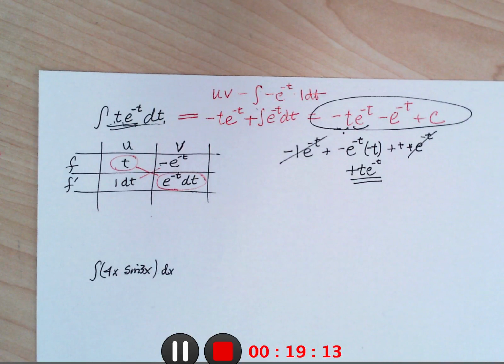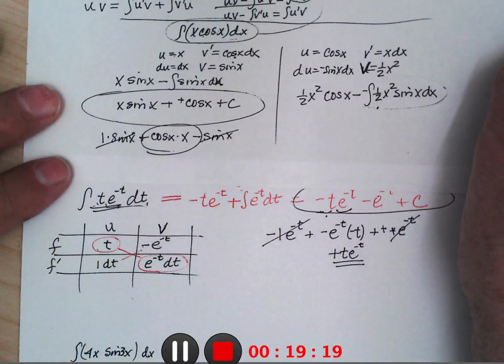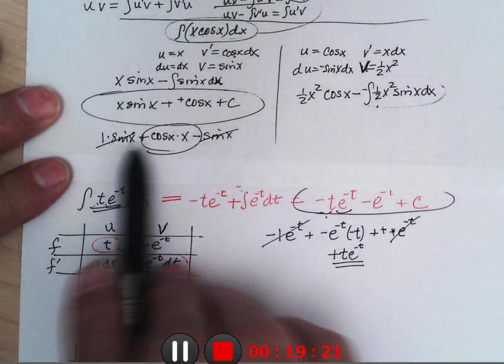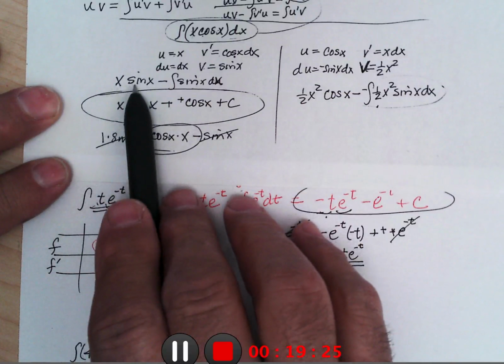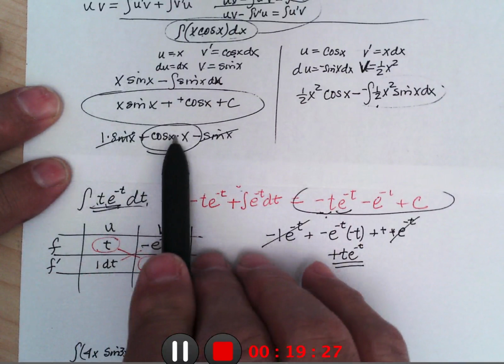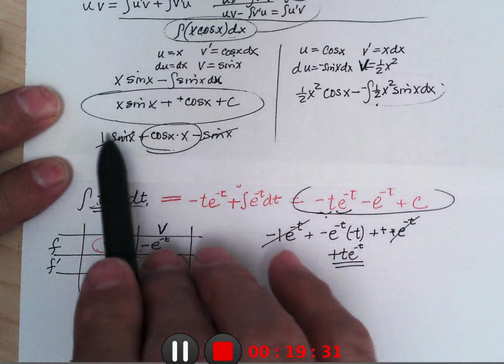Okay, now I want you to notice another thing here. We got three terms from this. There was this, which when we took the derivative, we got two terms, and then we got this integral, which is a third term, and that third term canceled one of these two.